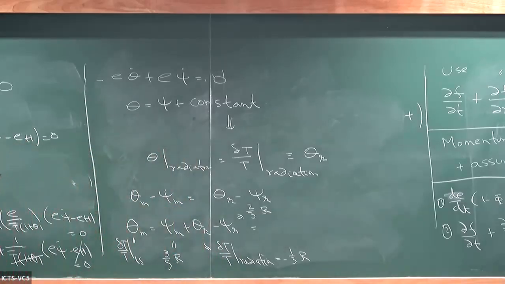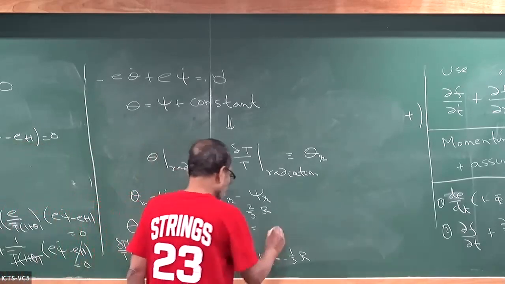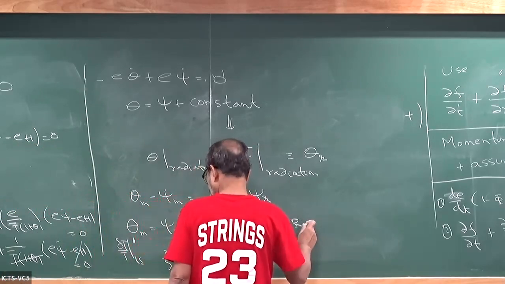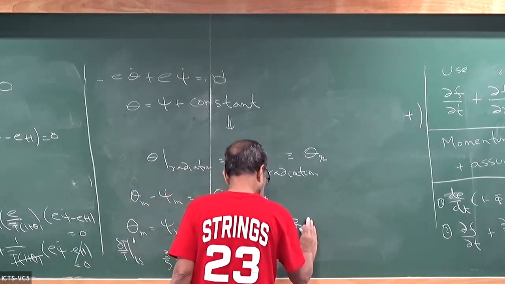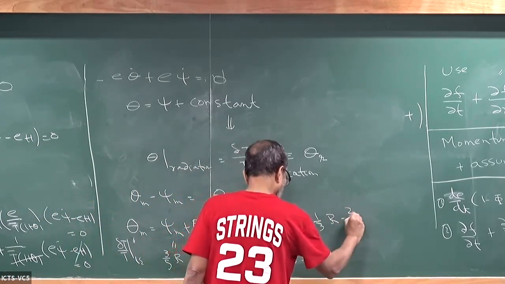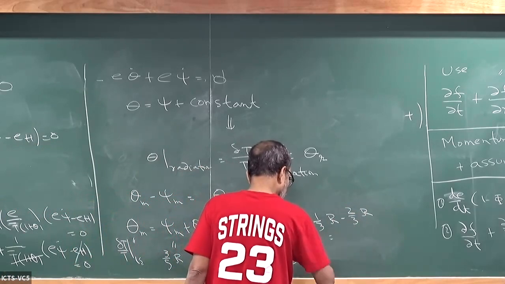Because these are all that we had calculated earlier. So this gives you 3/5 r plus minus 1/3 r minus 2/3 r, which is minus 2/5 r.